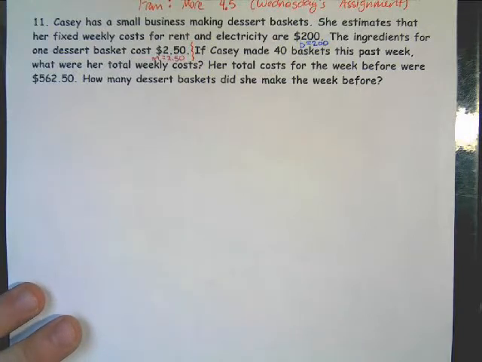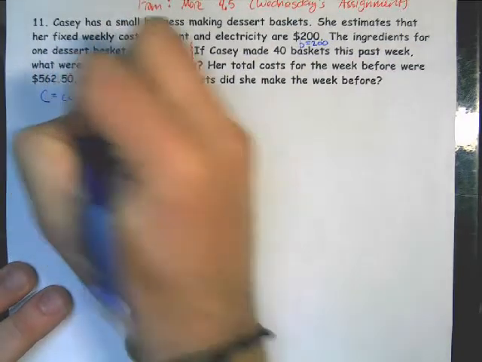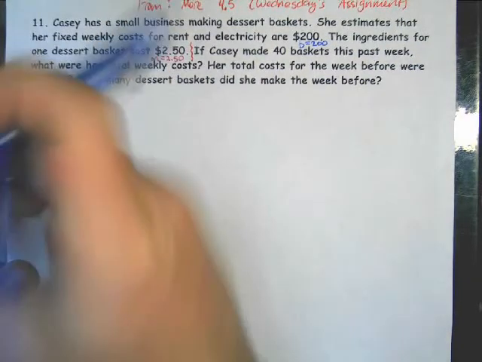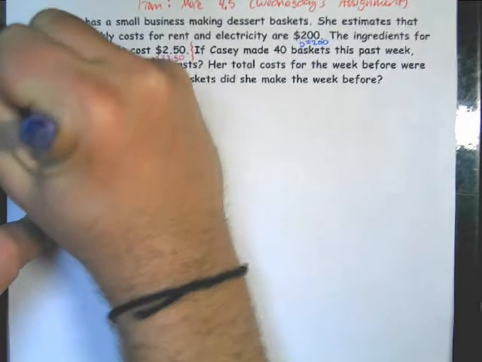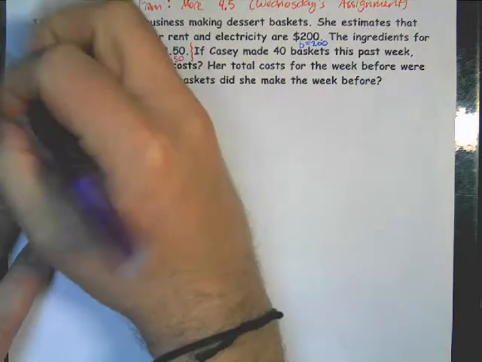Now I'm going to use variables that make sense in terms of our problem. I'm going to say that C will be cost, and I'll use the variable B, not our y-intercept number, but a variable B for our baskets.